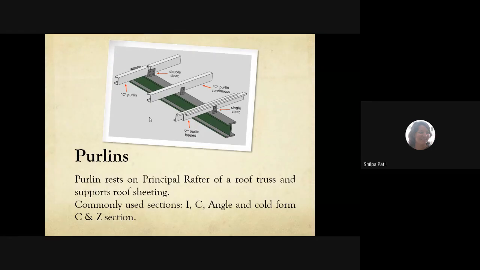But with cold form sections, any desired cross-sectional shape can be obtained. For SDD2, we are not designing cold form sections. We are designing hot rolled steel sections only. So this is just a diagram to show how the purlins are resting on the principal rafter.